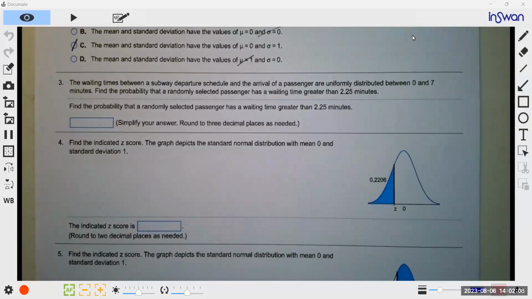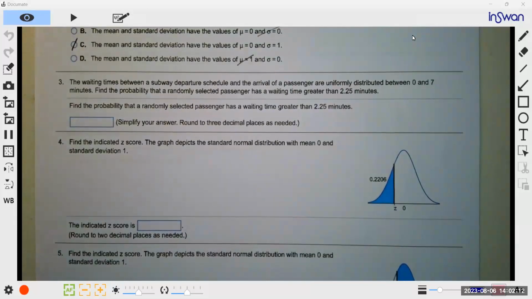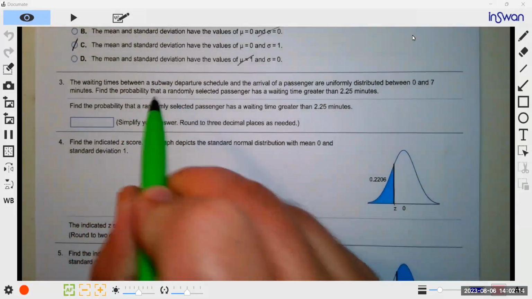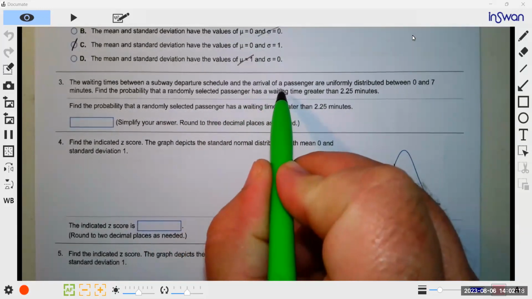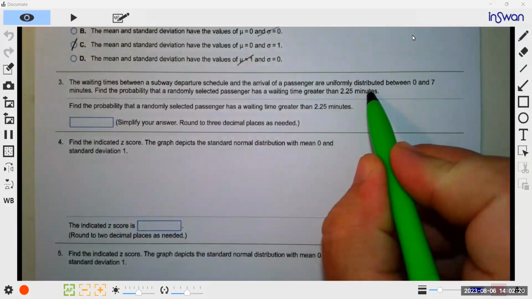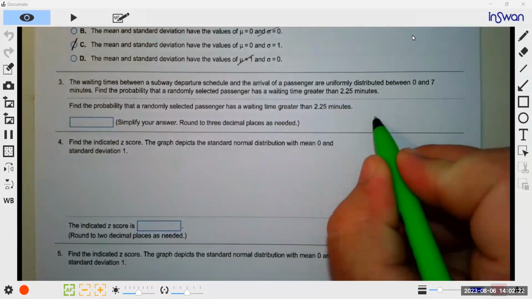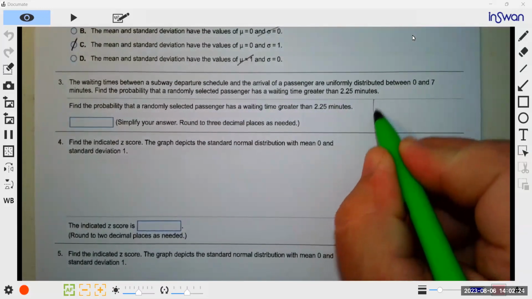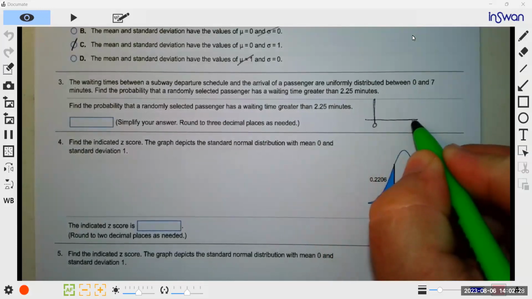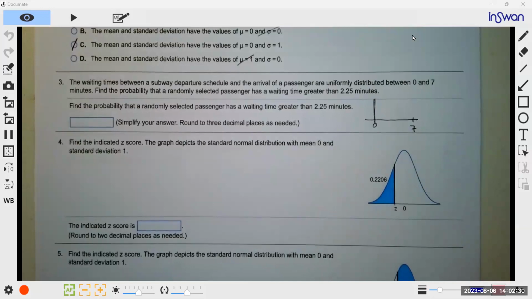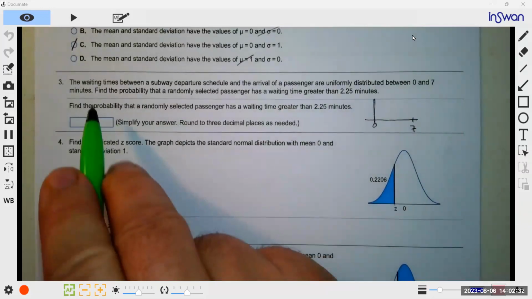All right, now this one's saying the waiting time between the subway departure schedule and the arrival of a passenger is uniformly distributed between 0 and 7 minutes.